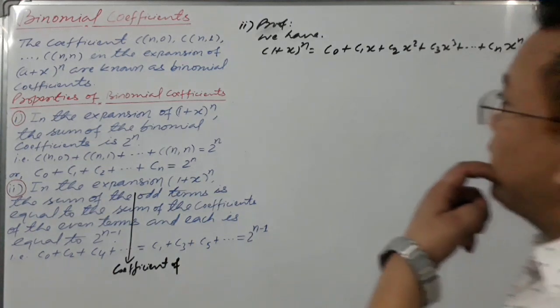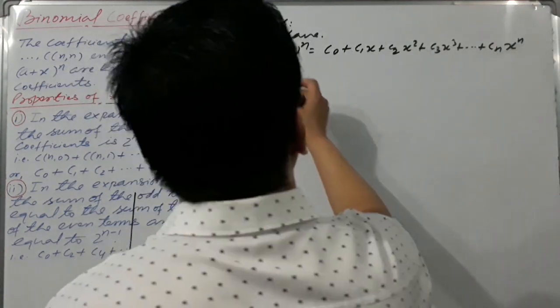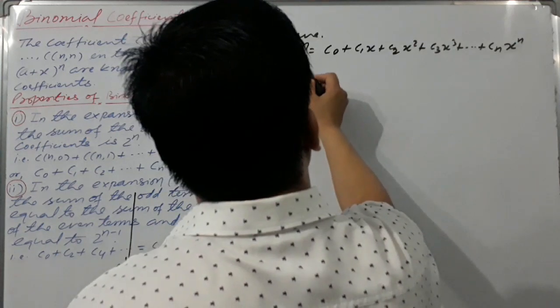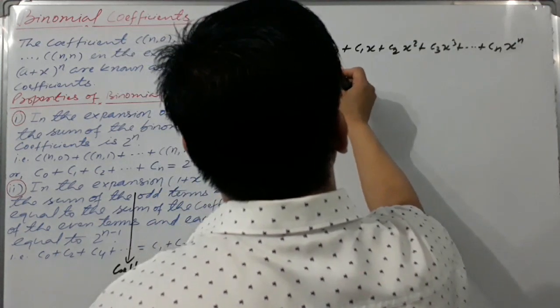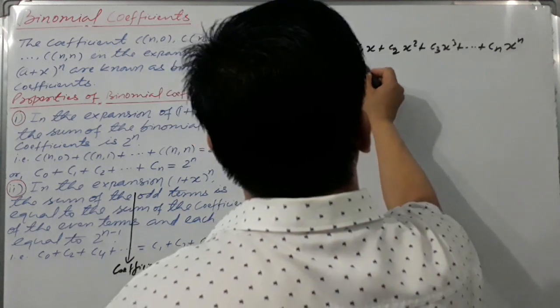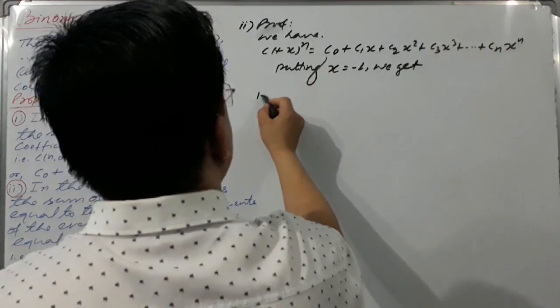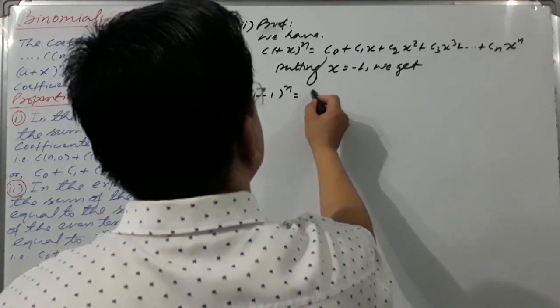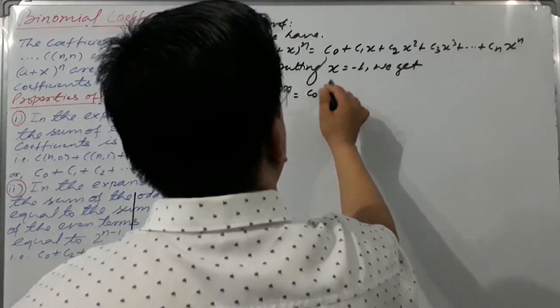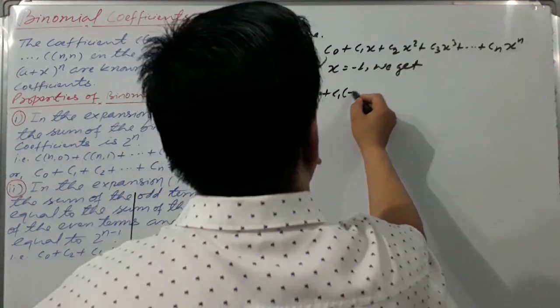This is the expanded form of (1 + x)^n, and now I'm going to put x = -1. We get (1 - 1)^n = C0 + C1(-1) + C2(-1)^2 + C3(-1)^3 + ... + Cn(-1)^n.